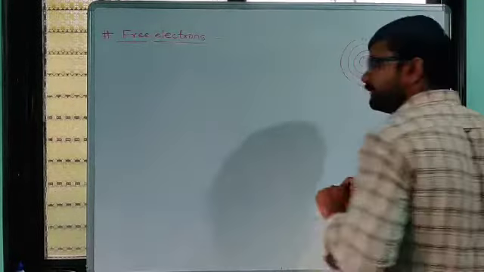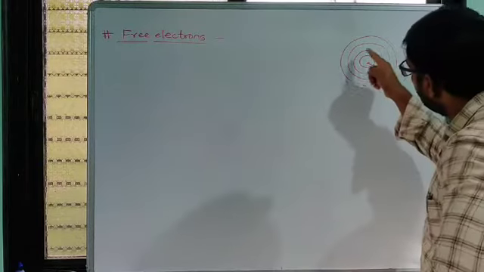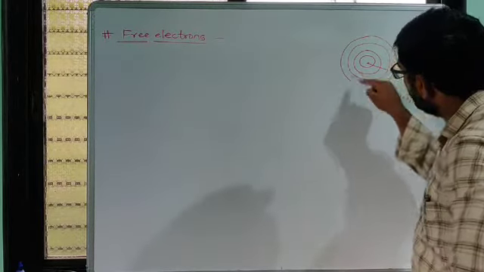So the remaining electrons revolve around this nucleus.